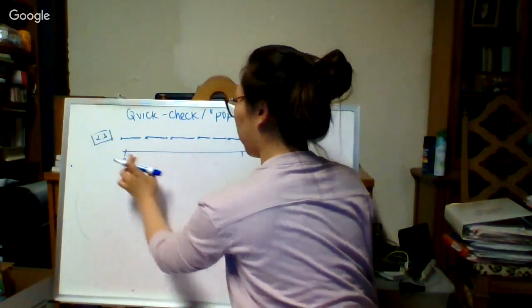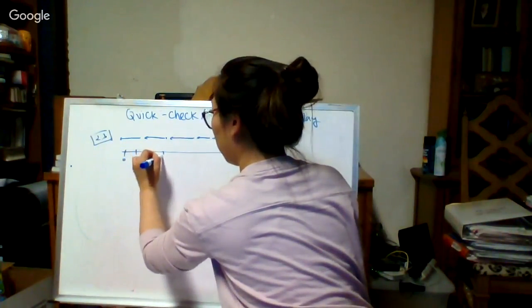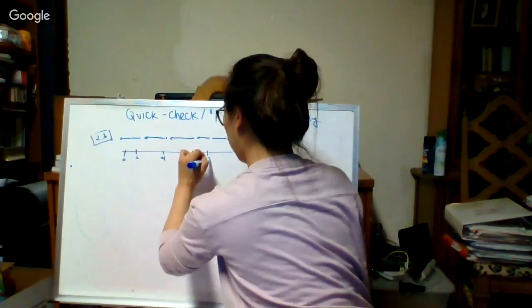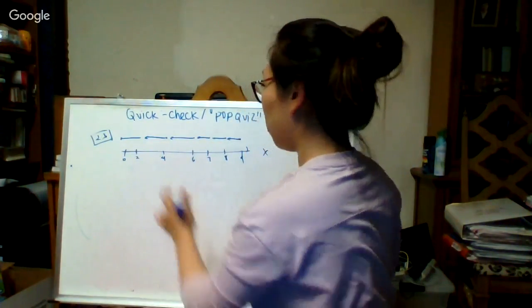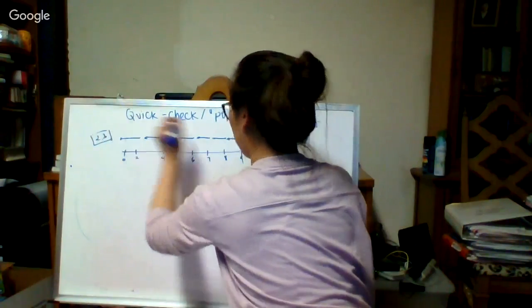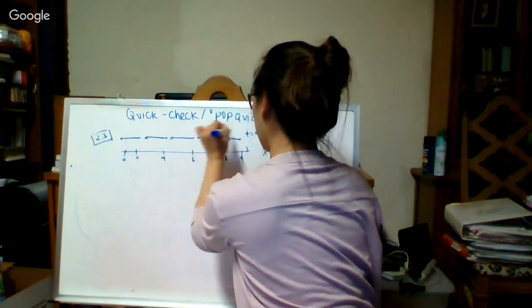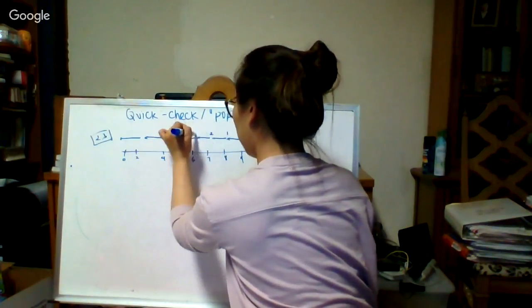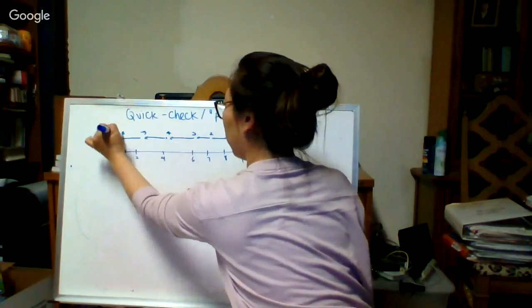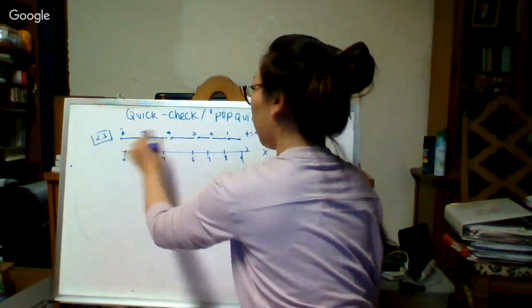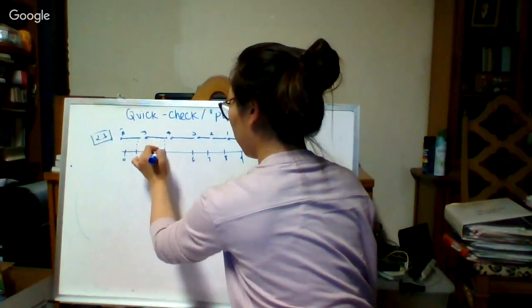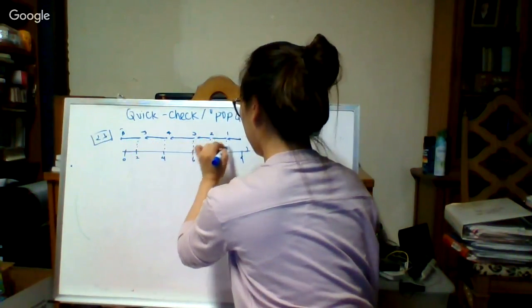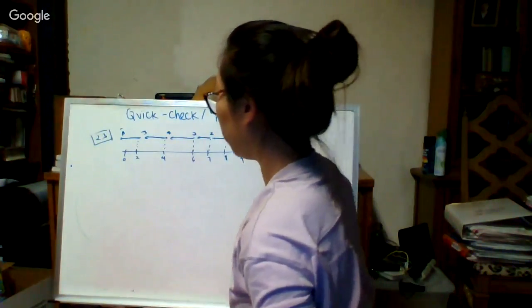So I could put 2, 4, 7, 8, 9, I know it's not up to scale. Time goes t equals 0, 1, 2, 3, 4, 5, 6. That's my time up top, and this is my x on the bottom.